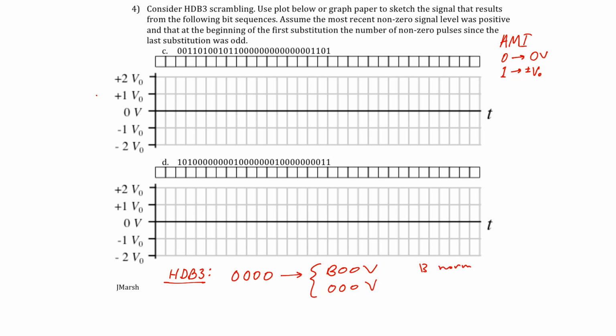That is exactly what is up here, an alternating plus and minus V. And a V stands for a bipolar violation. So it's the same sign of voltage as the previous one. Instead of alternating, we get the same sign.